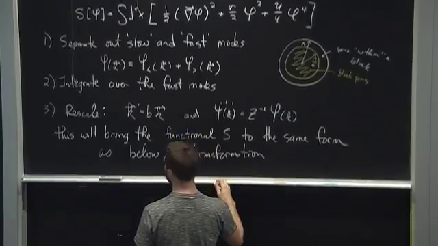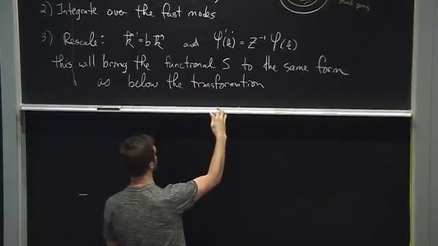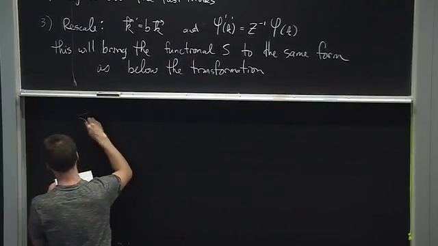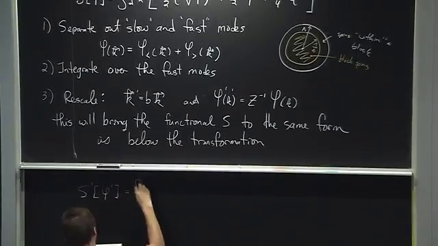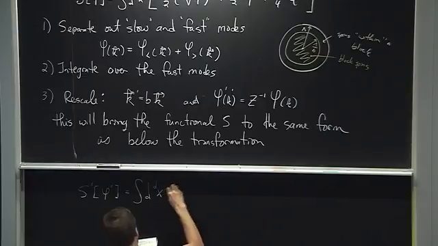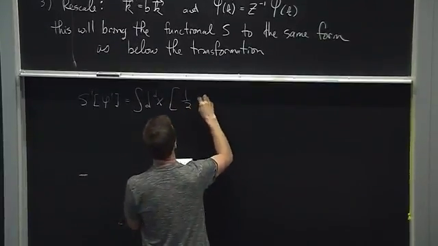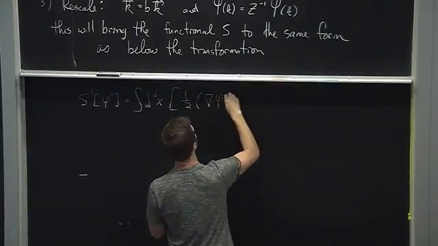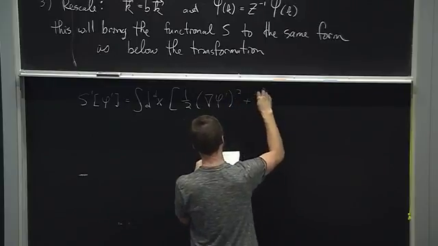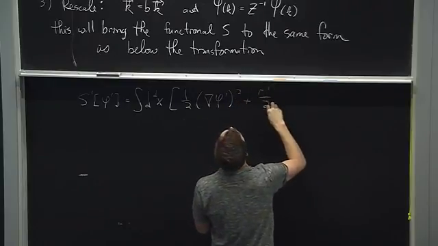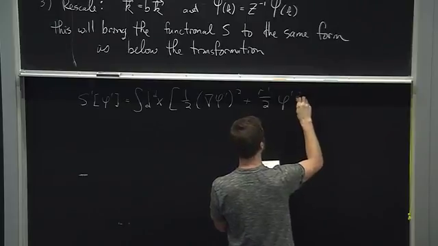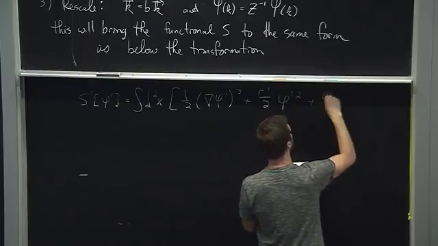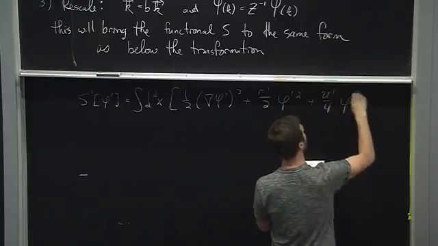So our goal is an action or a functional that looks like phi prime squared, plus u prime over 4 phi prime to the fourth.